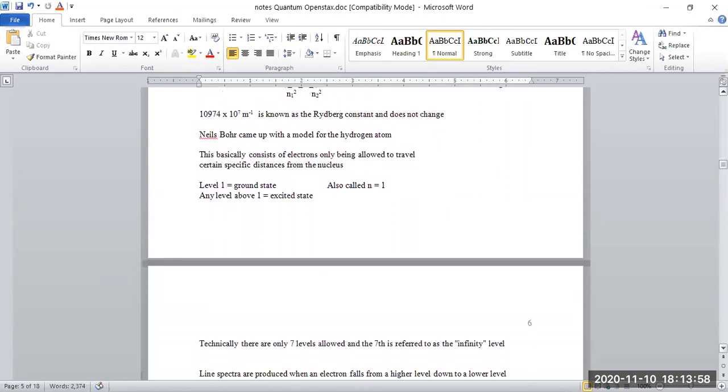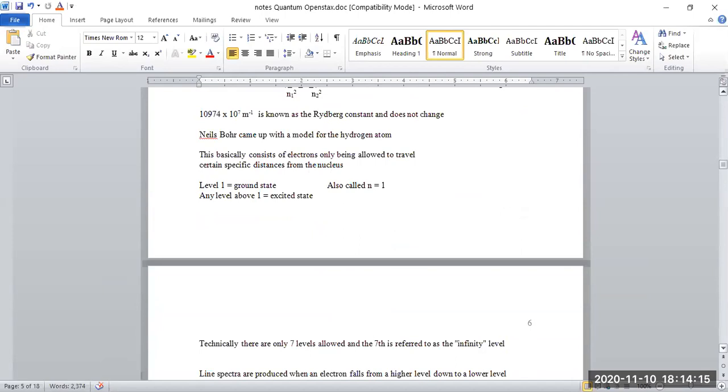So the idea then gets supported by the ground state, the not very excited state, which is called level 1, also known as n equals 1.